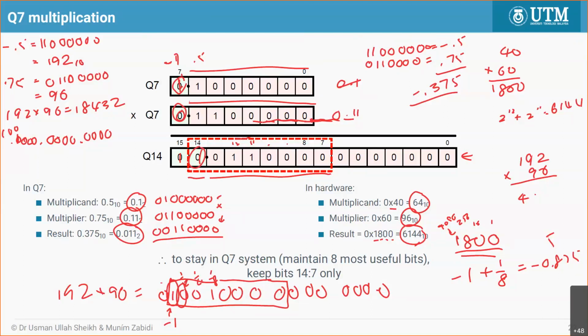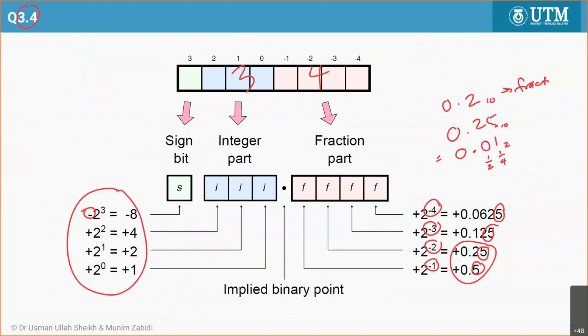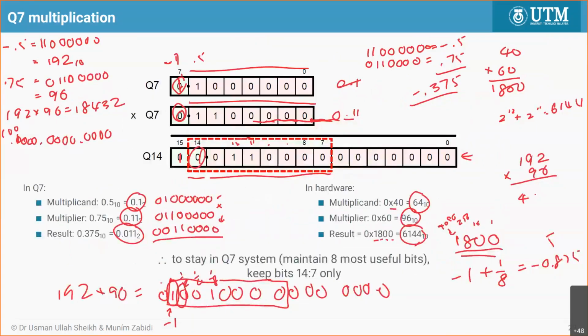And this is Q7. The problem is when you start adding integer on the left. That's why we tend to skip the integer. This format we don't normally find. We only use the fraction only. Convert everything to fraction, then everything is fraction, so you don't have to worry about the integer.